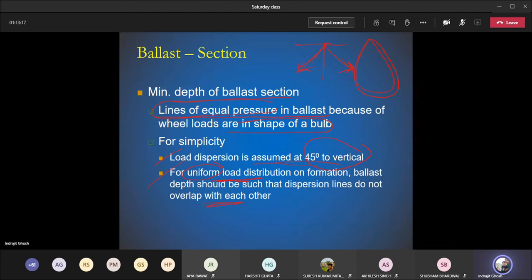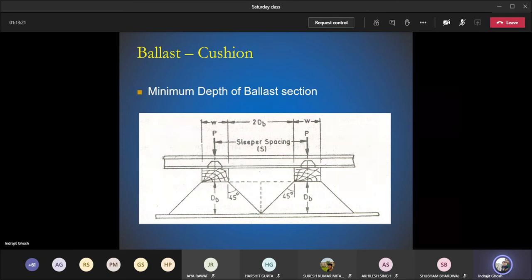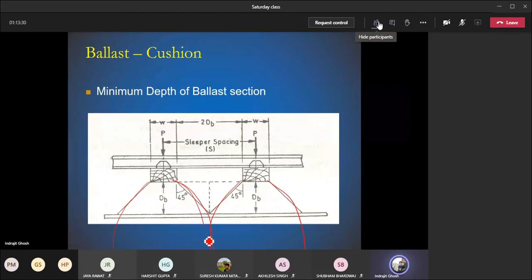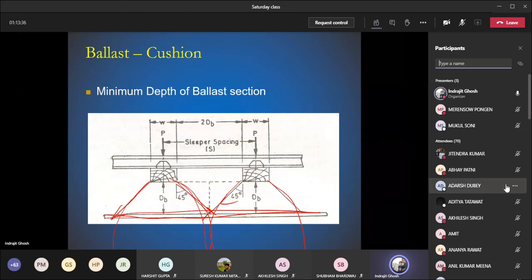So what does it mean? There was one simplified photo that I can show you. You can see these as the pressure bulbs. Now we assume this as 45 degrees, and up to the point where these lines are not going to overlap each other.